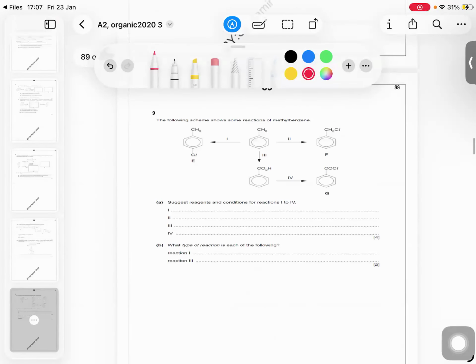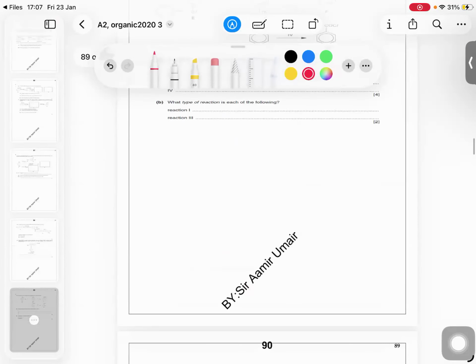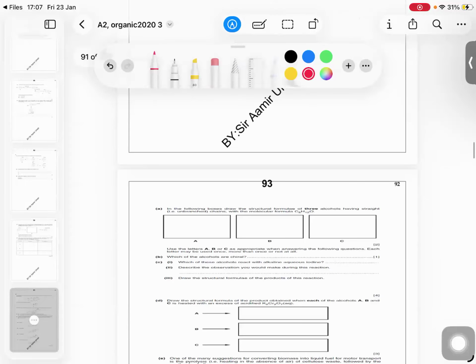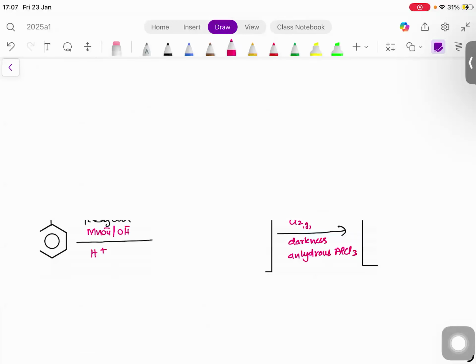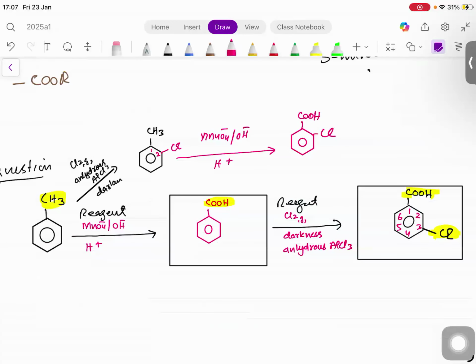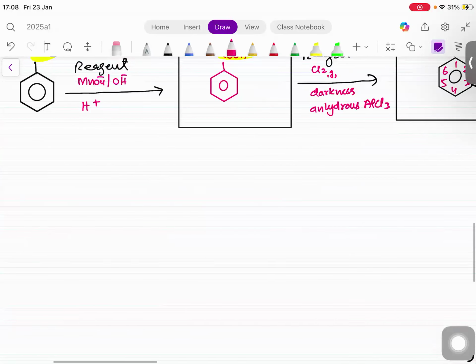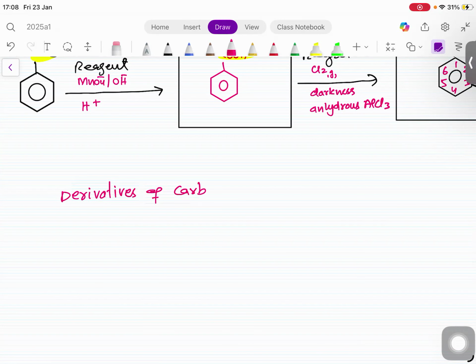Okay, next chapter we're going to start, that is carboxylic acids and the derivatives of carboxylic acids. That's the name of the chapter, carboxylic acid and its derivatives.